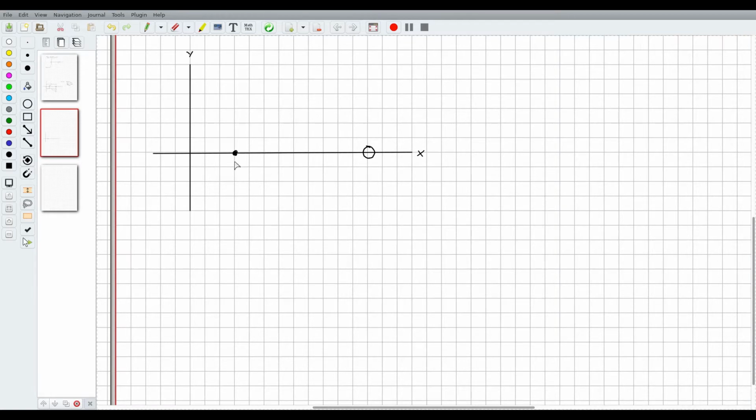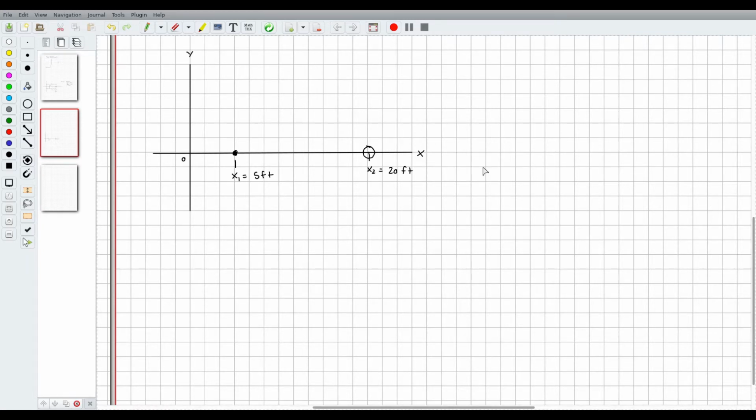So our golf ball is at x1, which is 5 feet away from the origin. Now, the hole we want to put this thing into, we'll say is x2, 20 feet away from the origin.